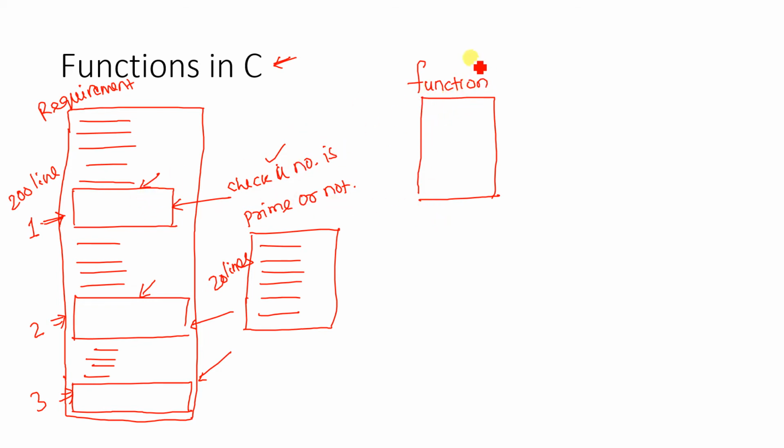Let's say this function name is prime. I will call this prime function with a single line only. So I'll call prime here, and call prime again here, so just one line of code I have to write. And these 20 lines have to be written over here.